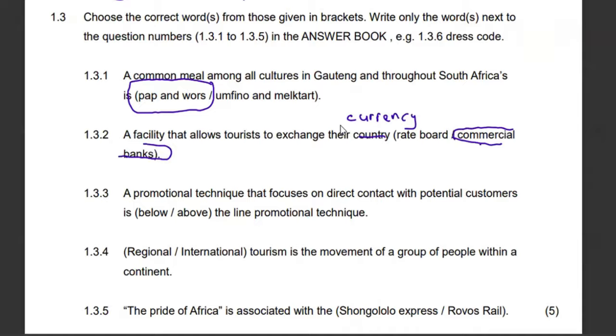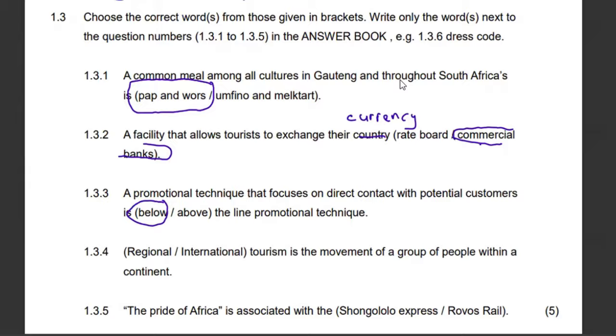Now 1.3.3, a promotional technique that focuses on direct contact with potential customers is known as the below the line promotional marketing technique.